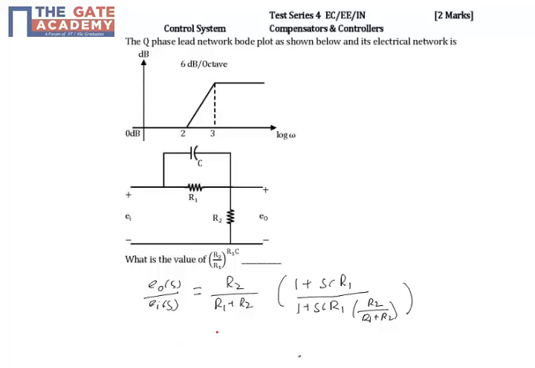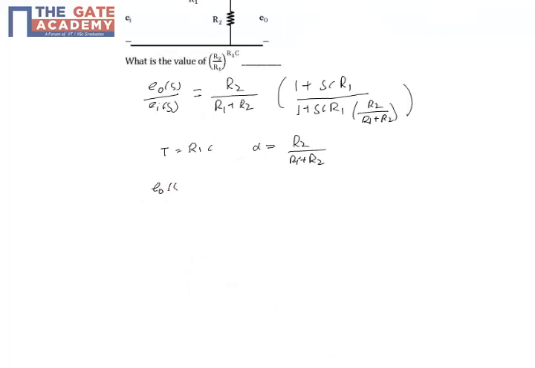Now what we will do is take T equal to R1C and alpha equal to R2/(R1+R2). Now E0(s)/Ei(s) is equal to alpha times (1 + sT) divided by (1 + sTalpha).